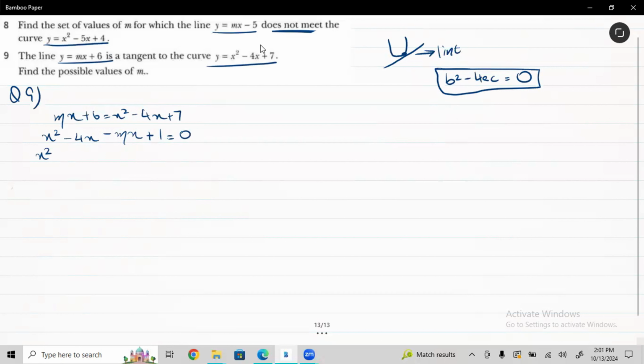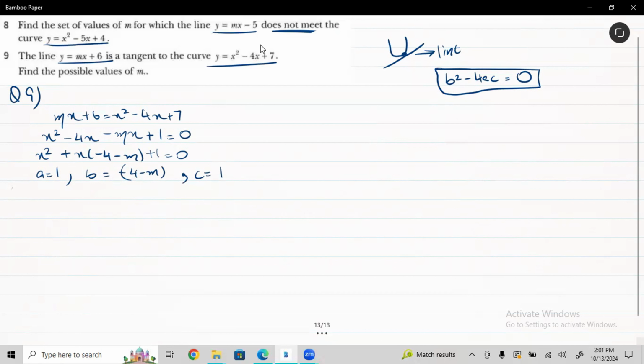Factorize this up, x squared minus, positive x as the common, minus 4 minus m, plus 1 is equal to 0. So the coefficient of x squared is equal to 1, the coefficient of b is equal to negative 4 minus m, and the coefficient of c, in fact the constant itself, is 1. So that's it. These are our values.